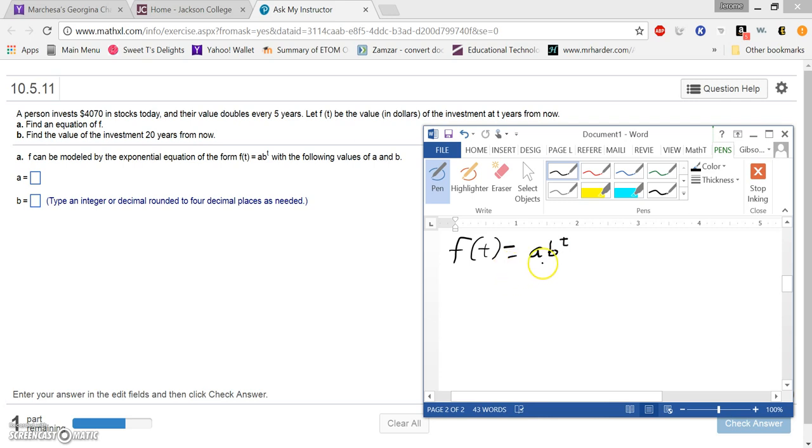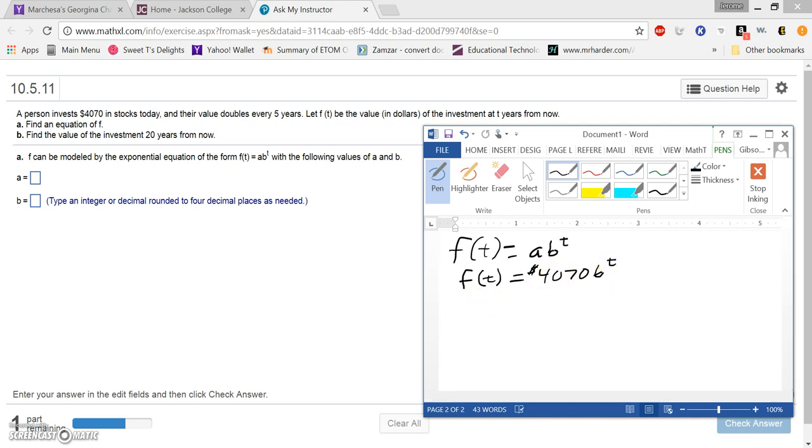In exponential regression, A represents the y-intercept, which is basically our starting point. And since this person started off with $4,070 in stocks, F of T is equal now to $4,070. That is what A would be. And we would take that B to the T power.